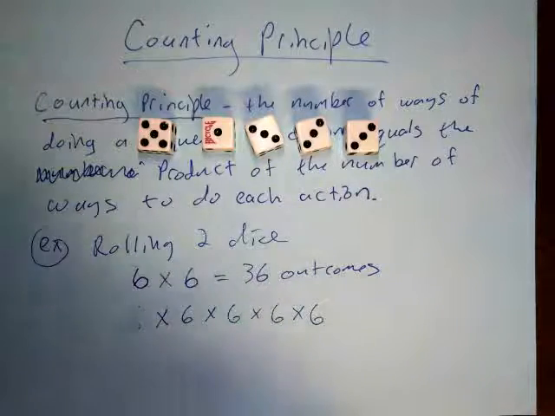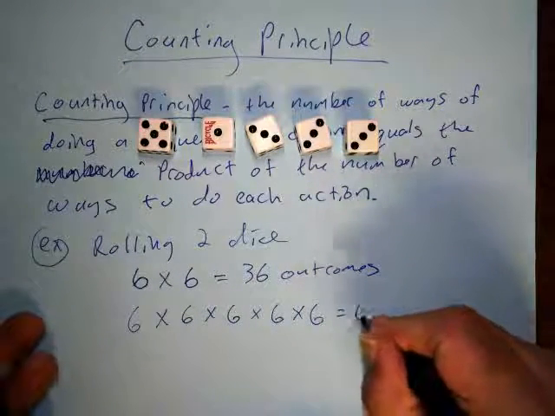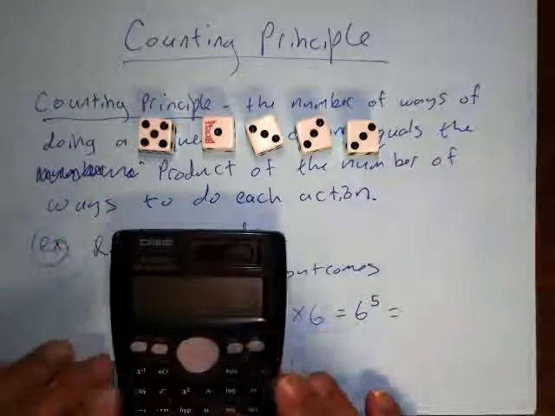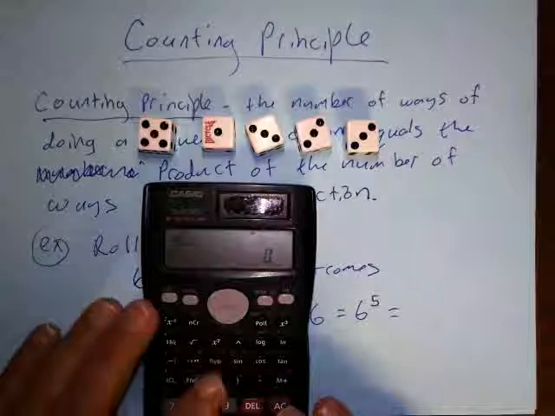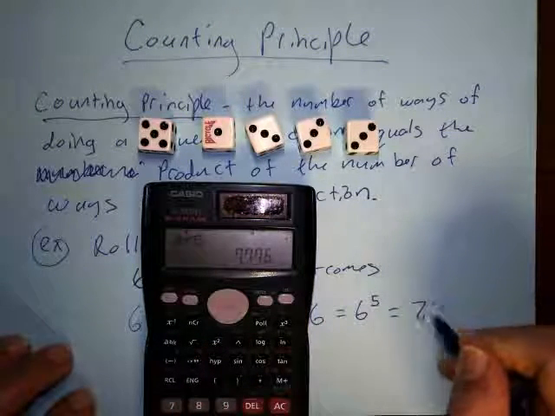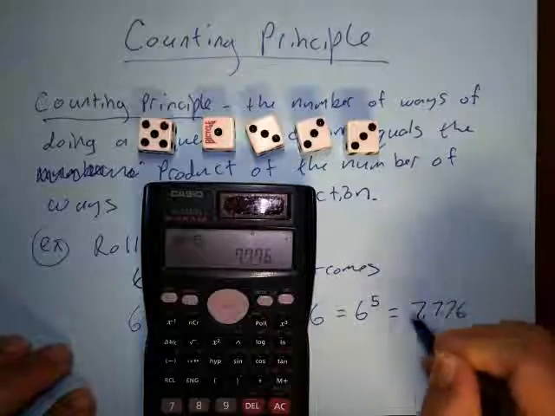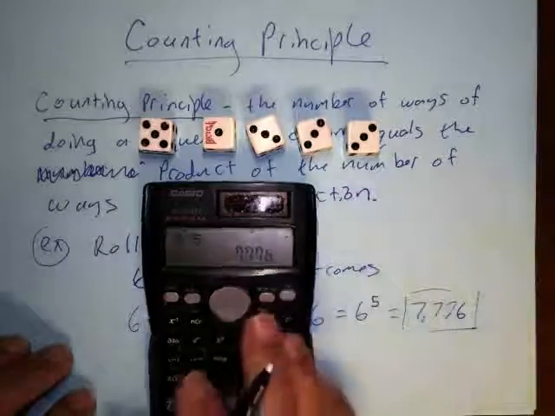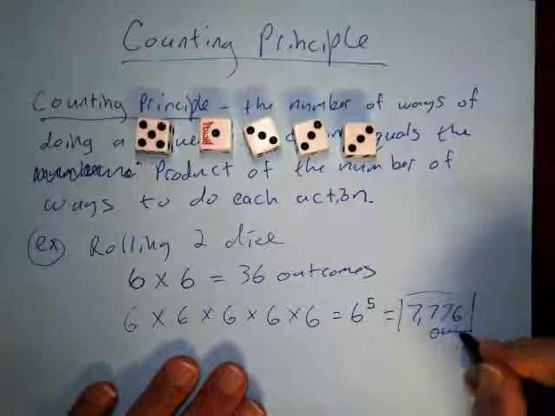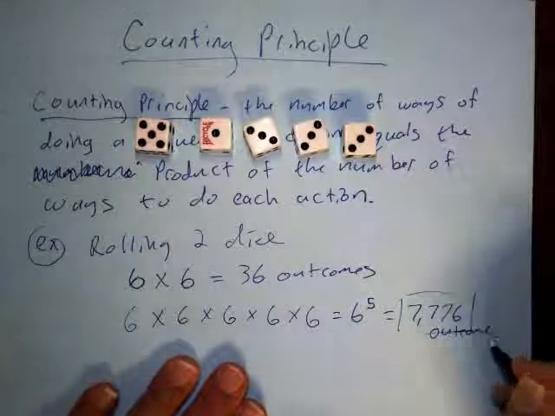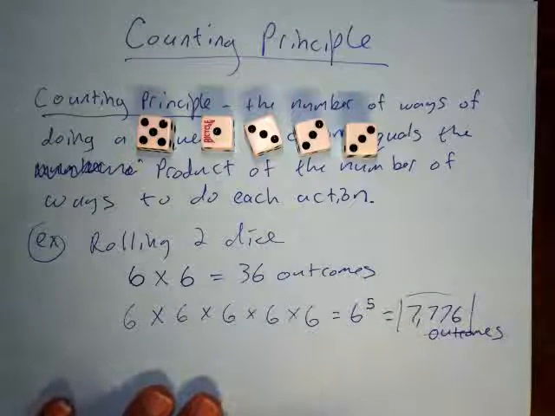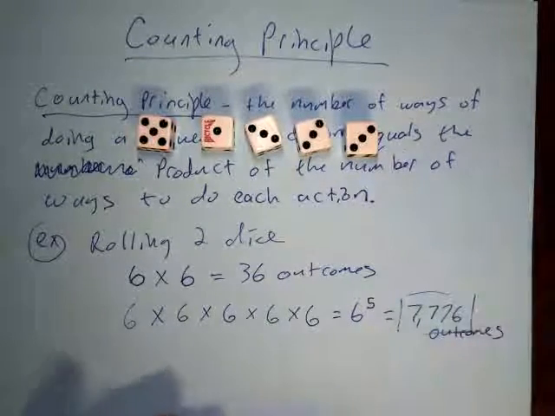And you can think of that as taking 6 and raising it to the 5th power. That's what exponents are for, to simplify your work. So 6 raised to the 5th power is 7,776 outcomes. So when you're playing Yahtzee, there's 7,776 outcomes.